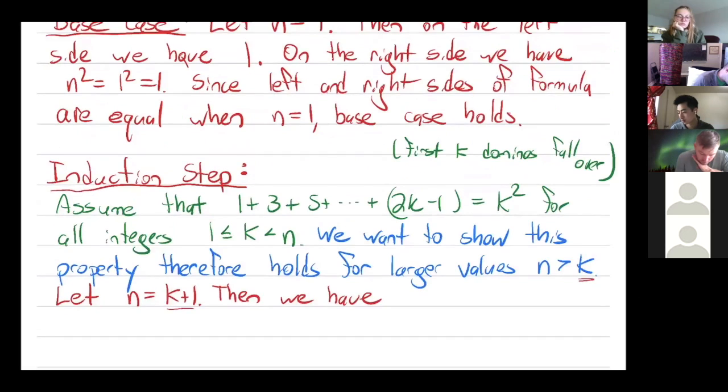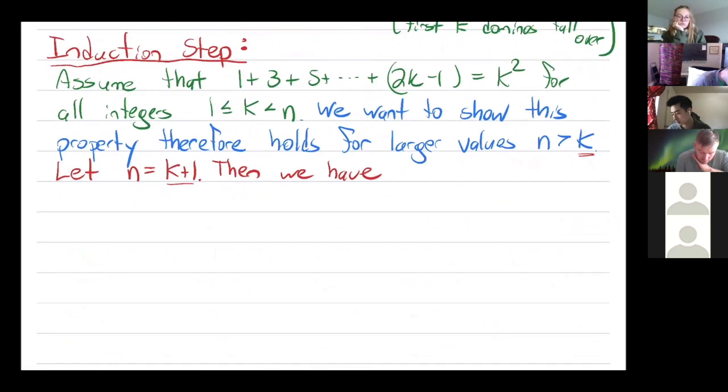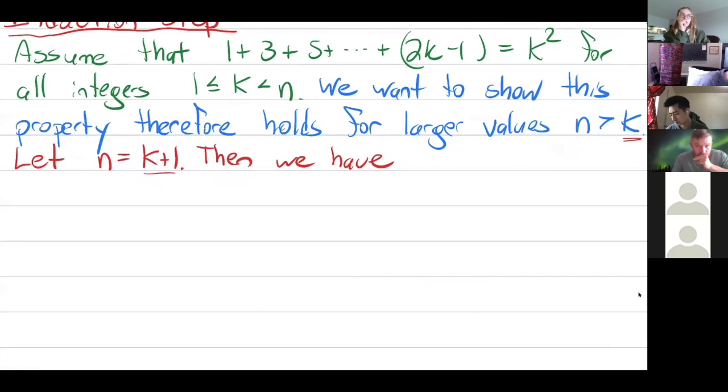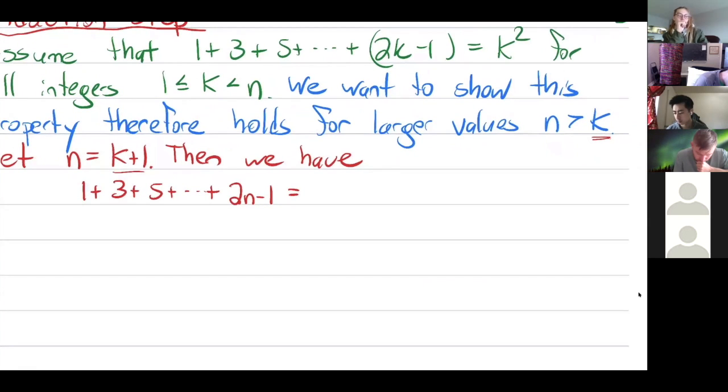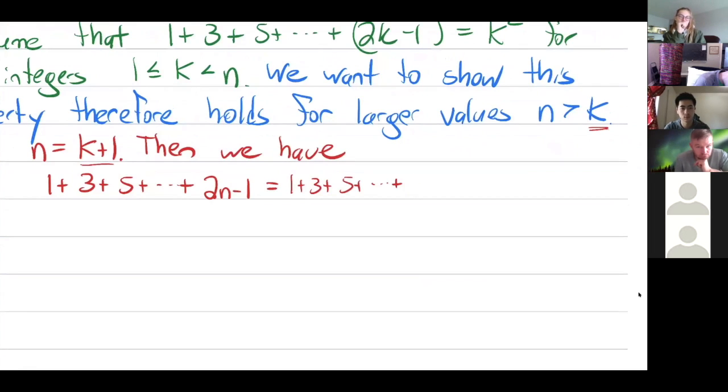So if n is equal to k plus 1, let's now write out this property over here. So then what we have is 1 plus 3 plus 5 plus. Okay, so I'm going to plug in k plus 1 for n.